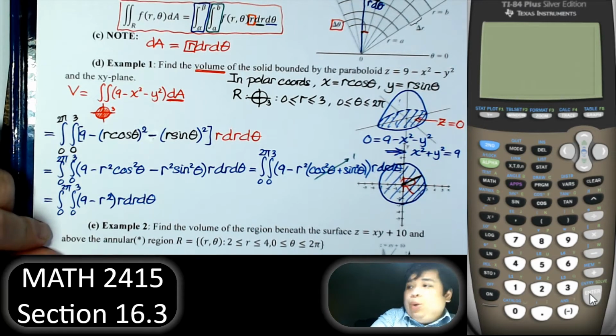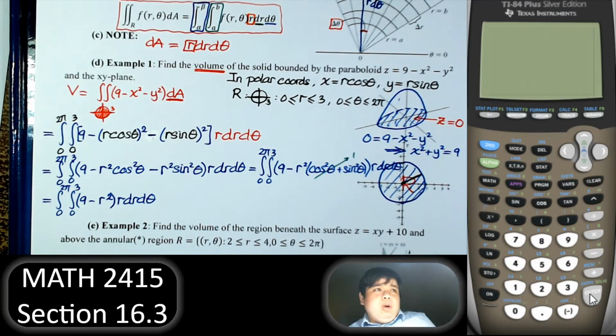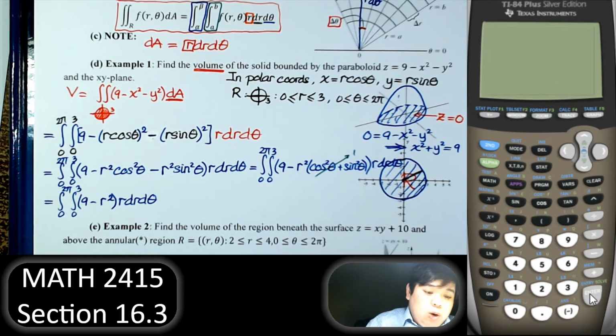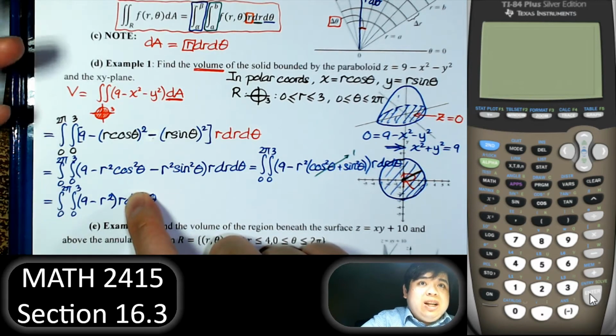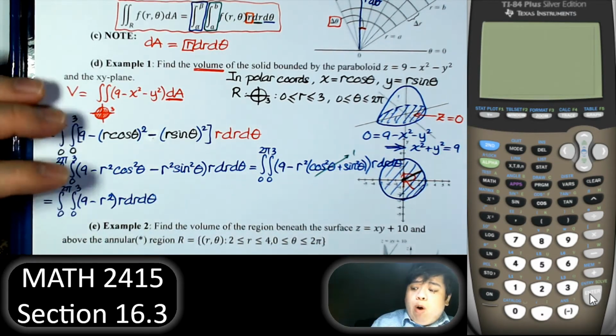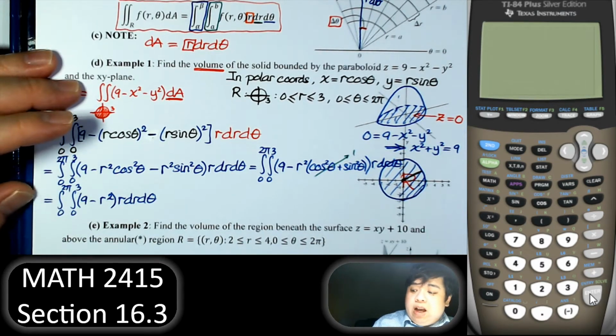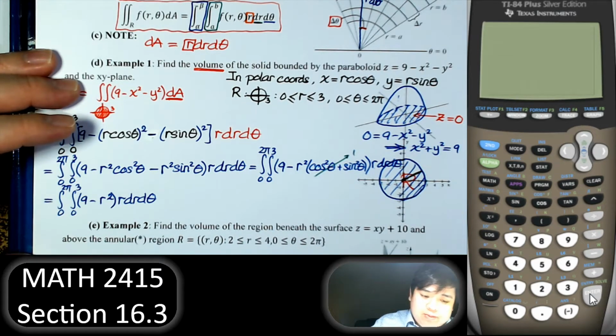Now, what can we do here? Of course, here we can integrate the double integral. Should be easy. Can be even easier if we use the Fubini theorem. Notice that the function here only depends on r, or we say the function is separable. So we group all the r together and all the theta together.